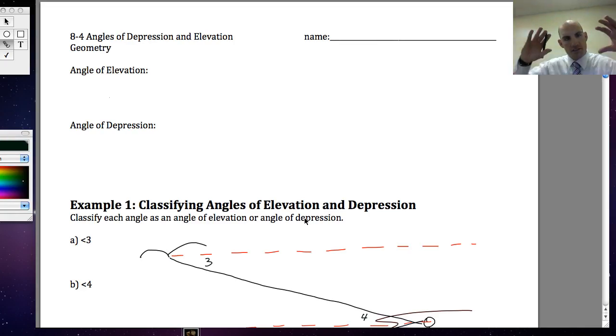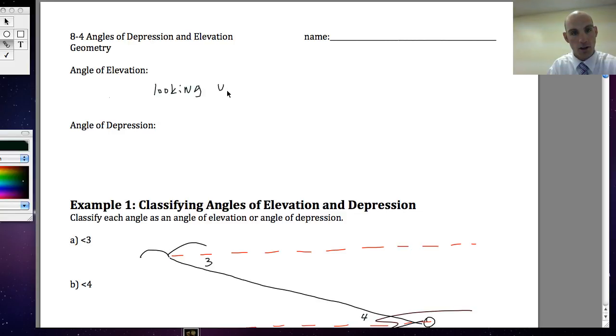Welcome back. This is 8.4 angles of depression and elevation. You saw the basic explanation of this in the introduction. An angle of elevation is generally looking up from level with the horizon.